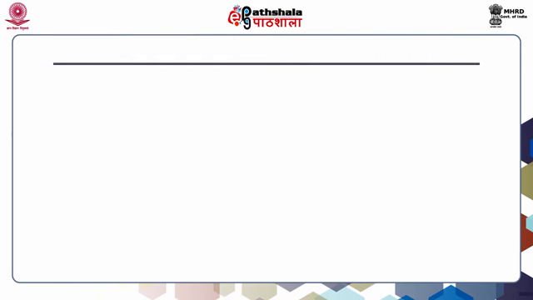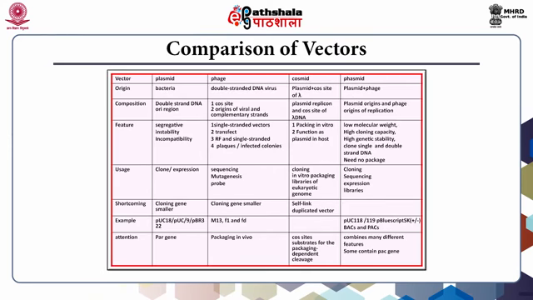In this slide, we have a snapshot of the comparison of vectors. The various vectors such as plasmids, phage, cosmids and phasmids are compared in terms of origin, composition, feature, usage, shortcoming, example and attention. For example, in terms of origin, the plasmid vector is derived from bacteria, phage is derived from double-stranded DNA virus, cosmid is derived from plasmid plus the cos site of lambda phage, and phasmid is derived from plasmid and phage.